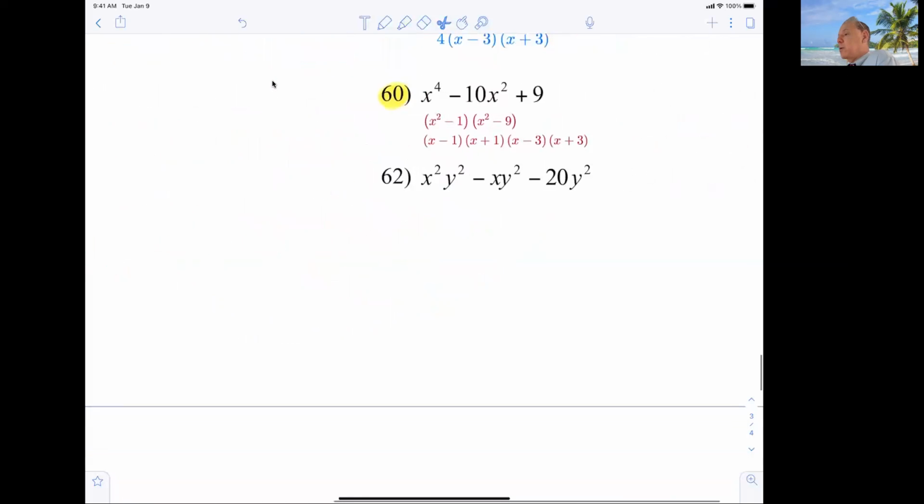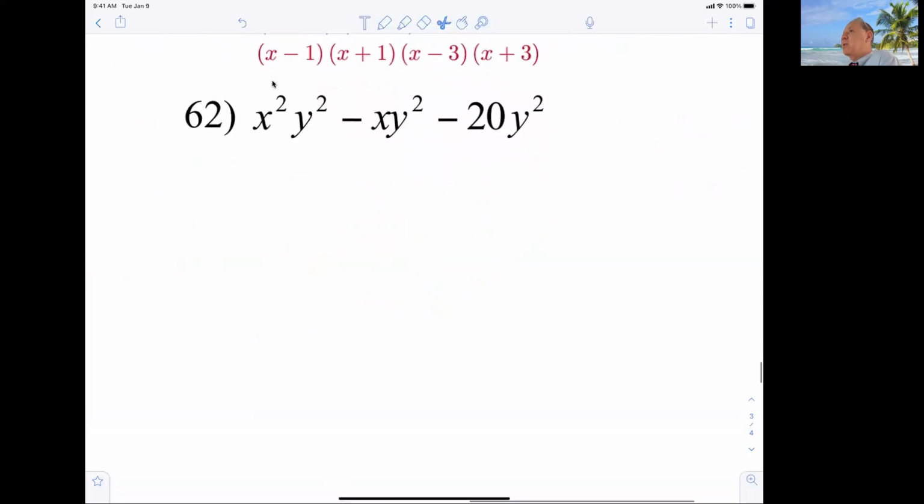All right. What am I doing on 62? Factoring out the what? y squared. All right, factoring out a y squared, what's left behind? x squared minus x minus 1. Perfect. And now what?